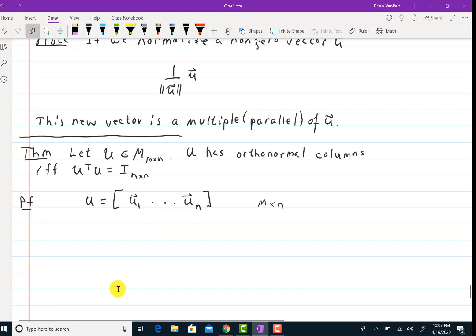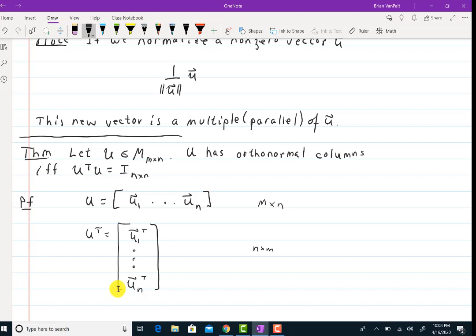So that's an m by n matrix there. Now look at U transpose. We'll have U1 transpose all the way up to UN transpose. Now these are row vectors, and this is an n by m matrix. So when you multiply the two, as I said, you'll get n by n.